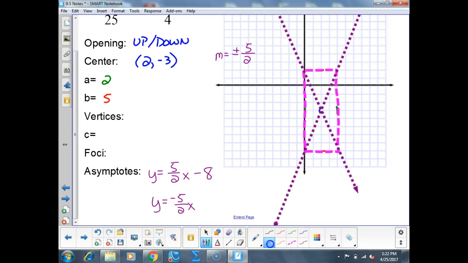So that equation is y equals 5 halves x minus 8.